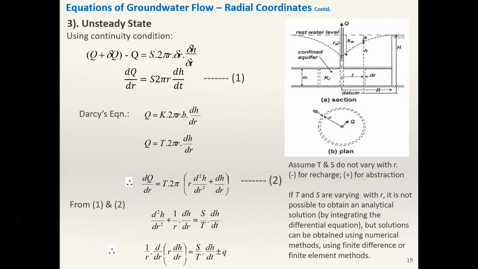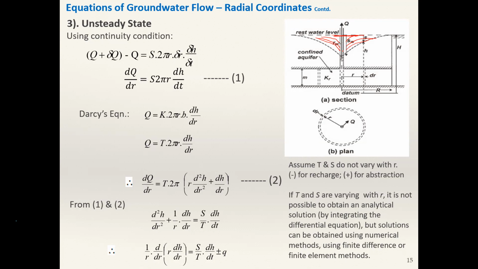Meaning is that when you start pumping water out, then the drawdown changes with time. So now you are talking about that state. For example, the original water level is here before you start pumping water out. With time, this drawdown curve changes like this. Water level changes with time, or the piezometric head changes with time.